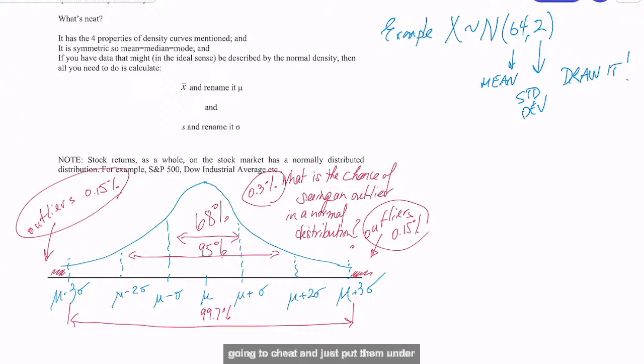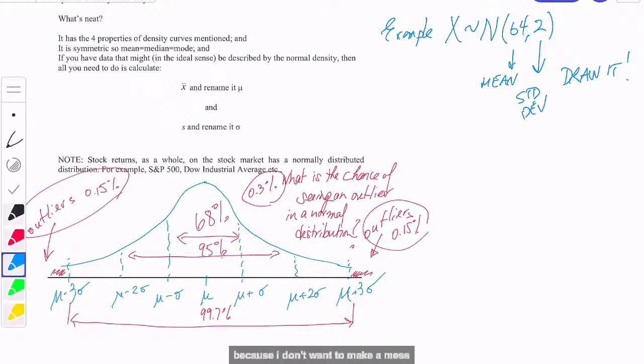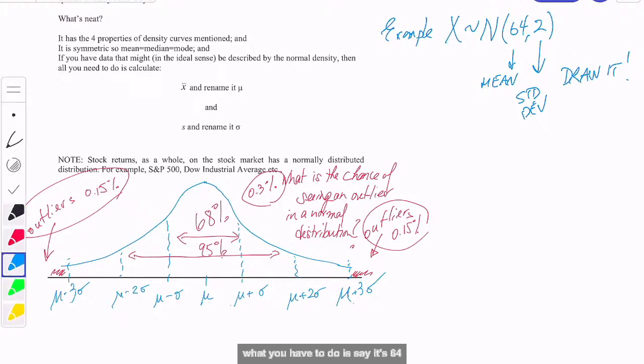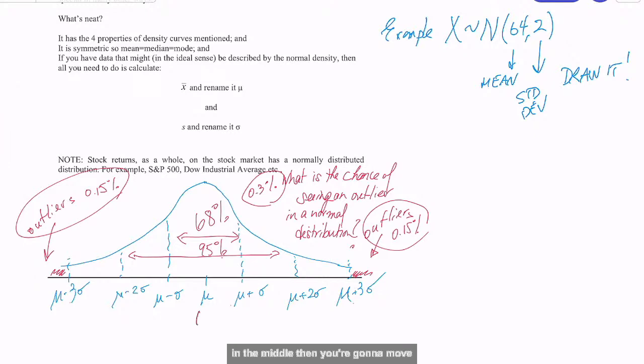You know what I'm going to do is I'm going to cheat and just put them under here, because I don't want to make a mess. Let's see if I just move this away, and I'll put the numbers underneath. So what you have to do is say it's 64 in the middle.